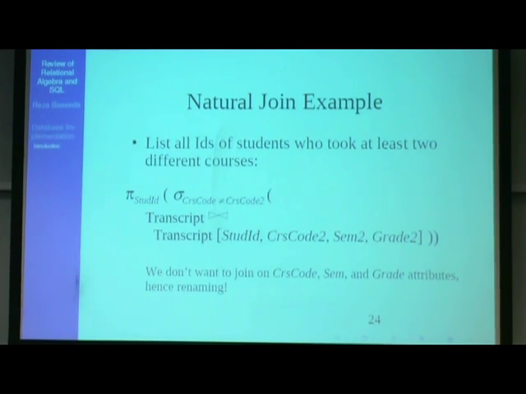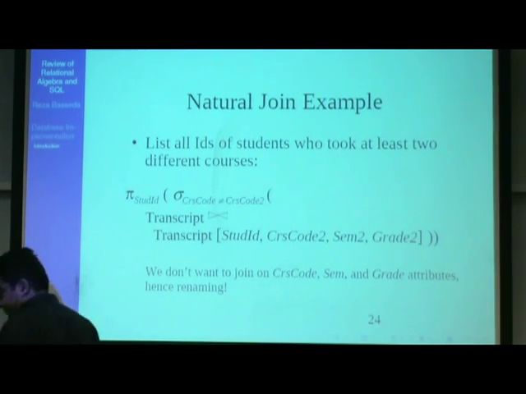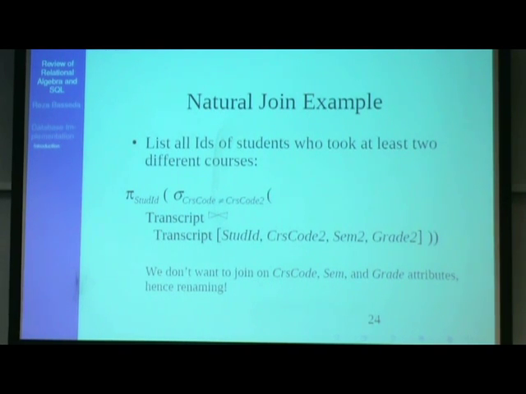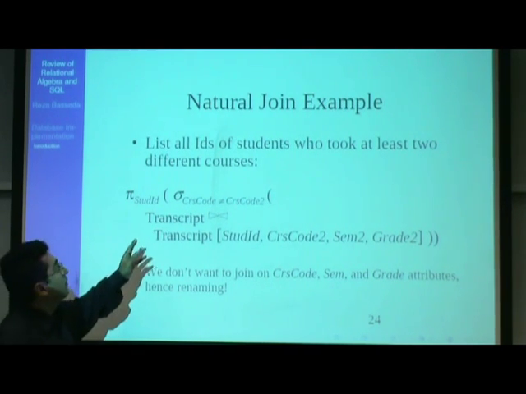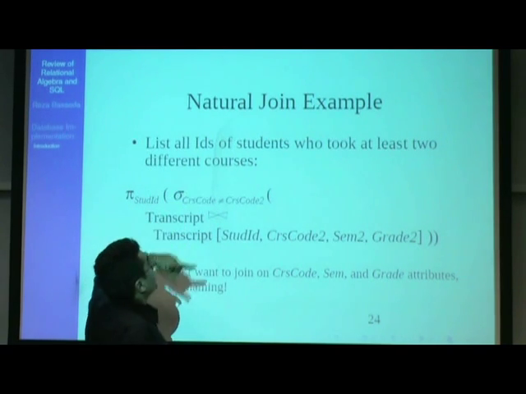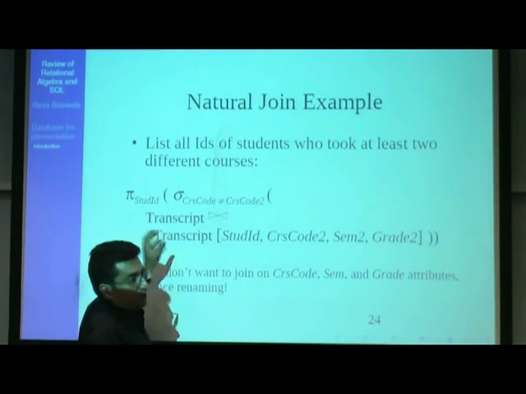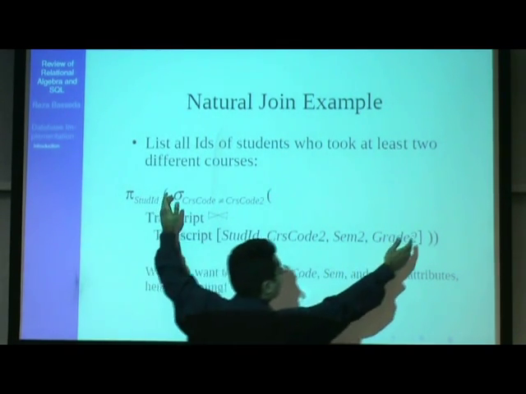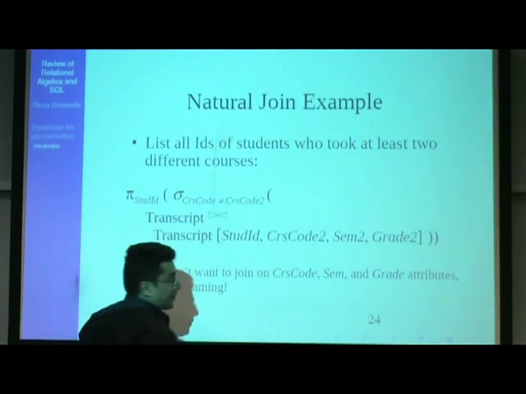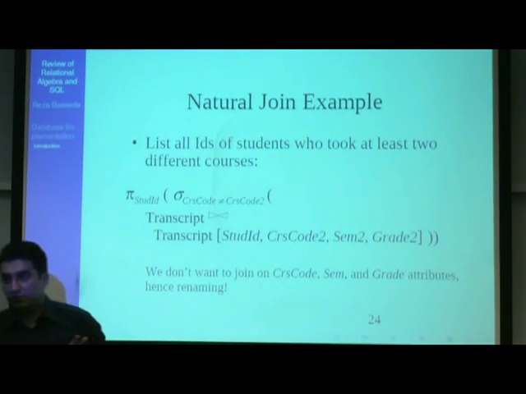Can anyone explain how this expression works? First of all, we say that this is all IDs. Then the resulting expression should just project IDs, the student IDs. So this is clear.